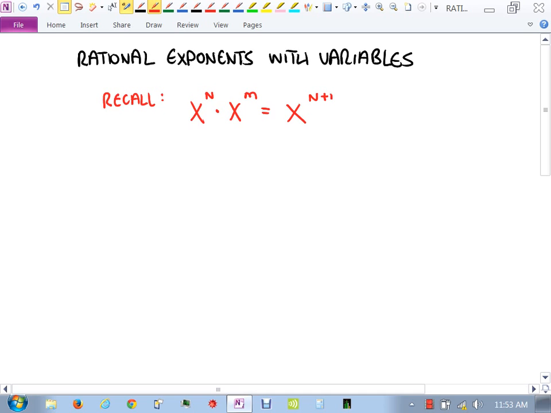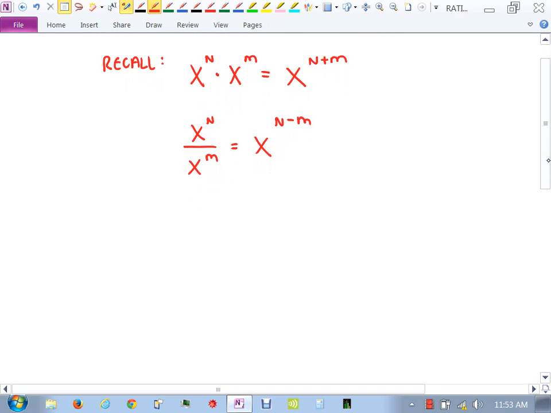It's n plus m. So if you have different powers on the same base and you're multiplying, then you just add the exponents together. If you do x to the n over x to the m, then that's x to the n minus m. You subtract the powers.